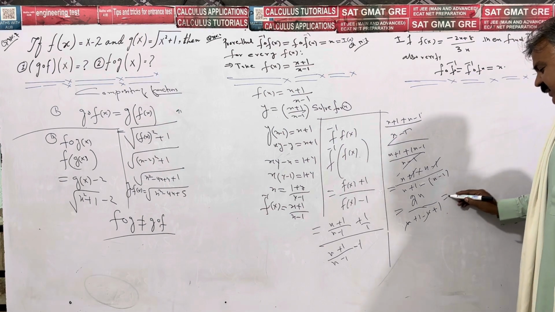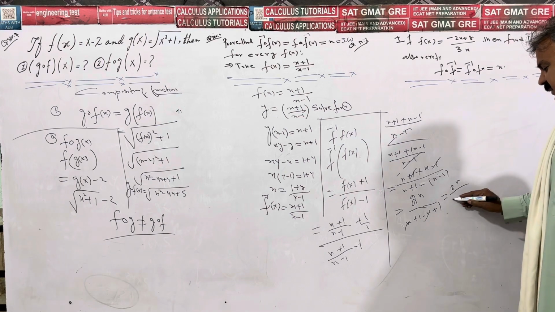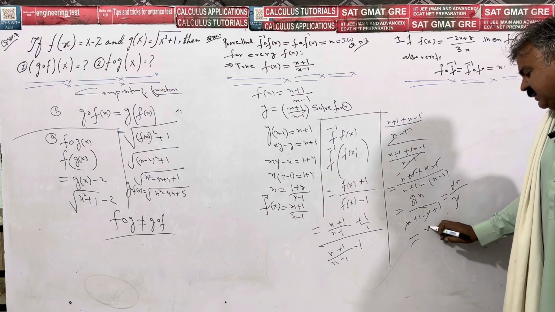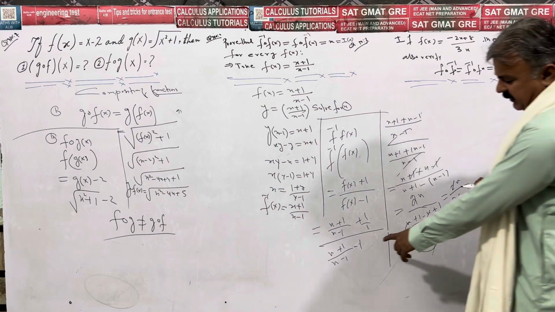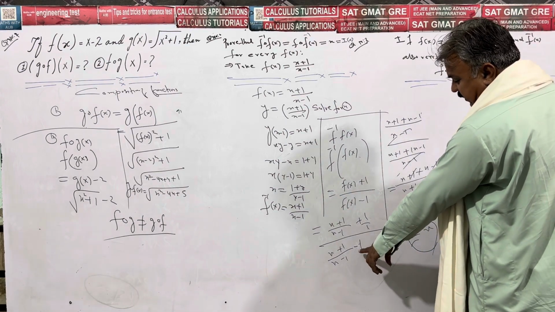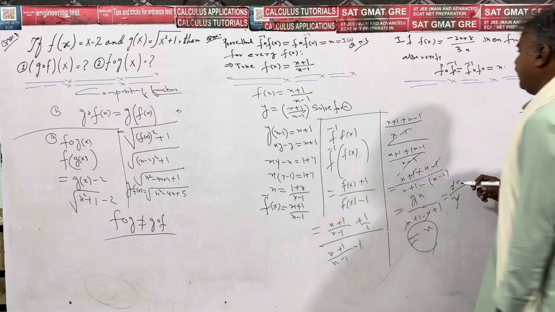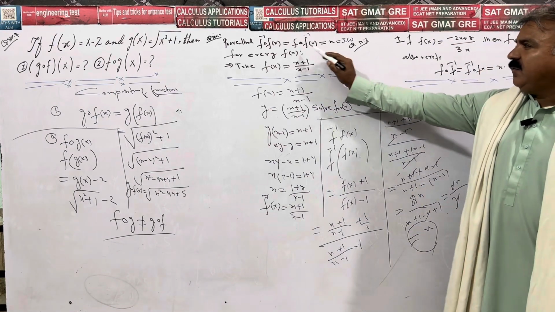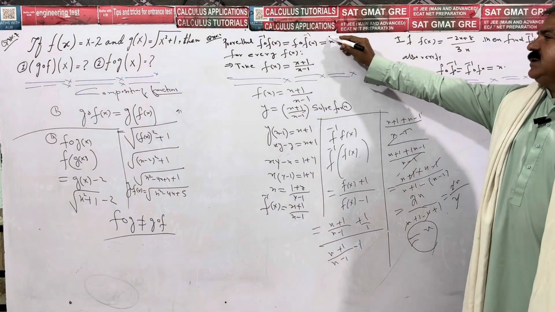The x cancels out, I have 2x over 1 plus 1, which is 2. The 2 cancels out. What do I have? x. There was a minus and I had written positive by mistake; I have rectified it. So a function and its inverse composition always results in x.